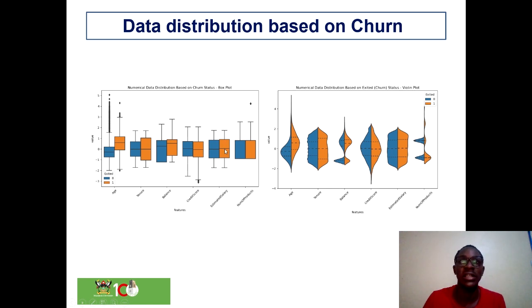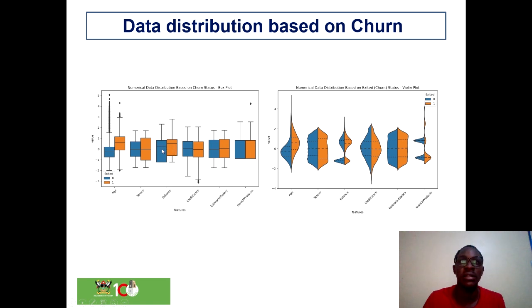And also looking at the medians in our box plots, for each box plot we see that there's a clear distinction between people that are churning and people that do not churn.